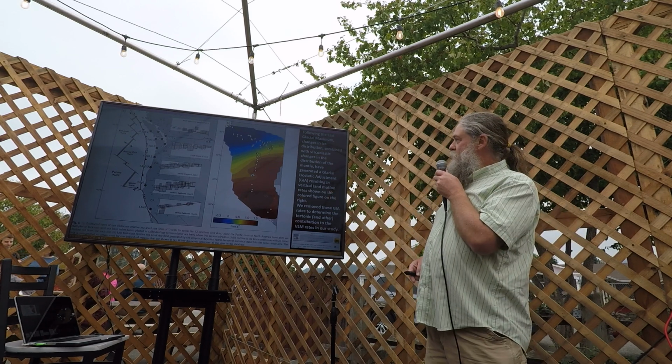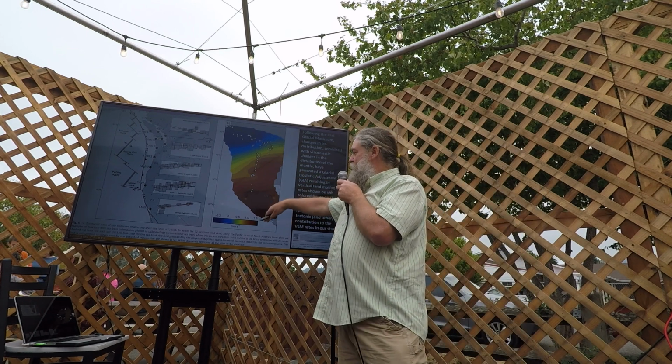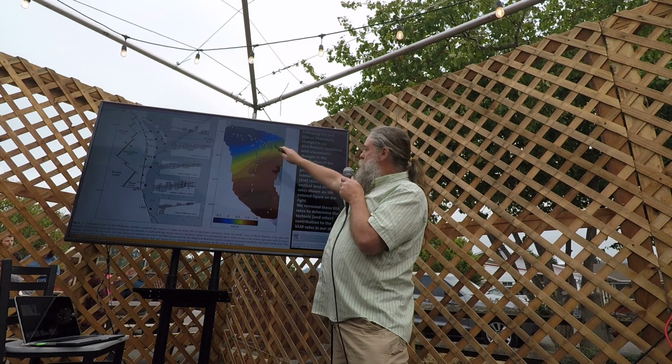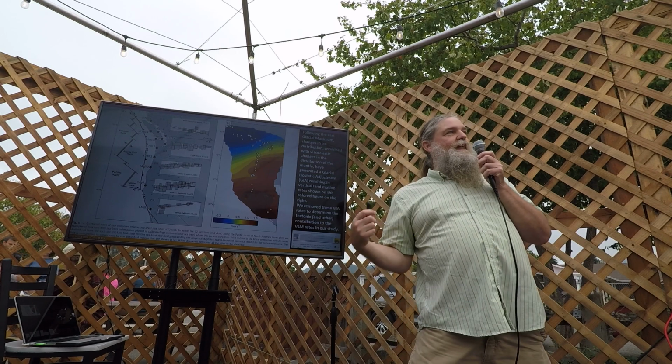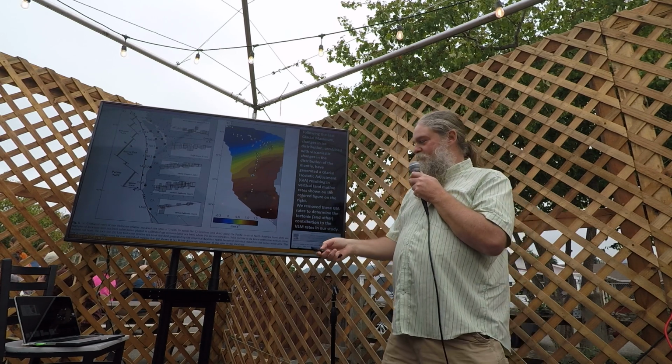So that's called a glacial isostatic adjustment, and this is a map that just shows how we have models that show where it's going up and where it's going down, and so we subtracted that out of our analysis so we could focus just on the tectonics.